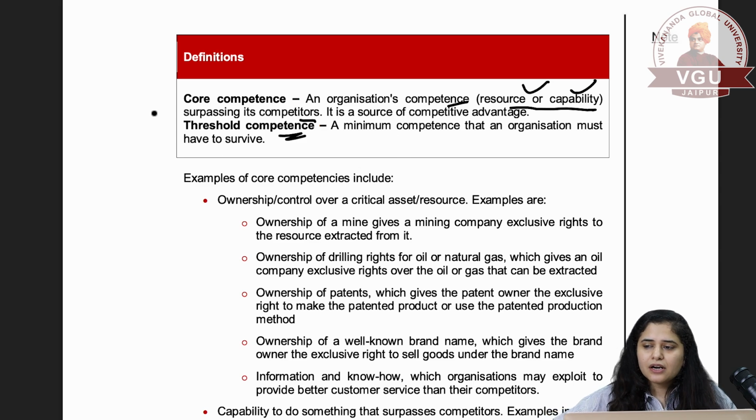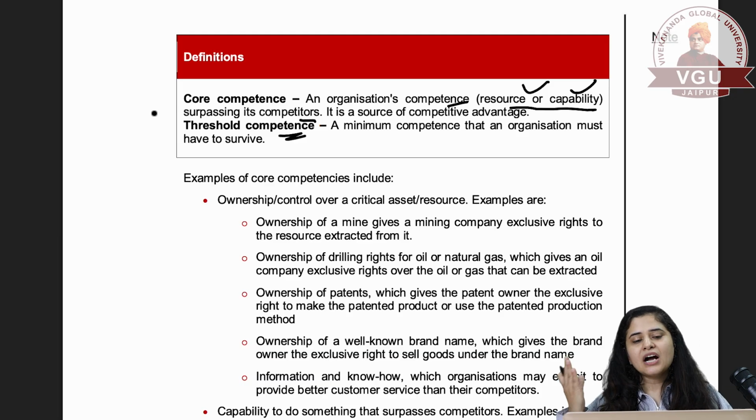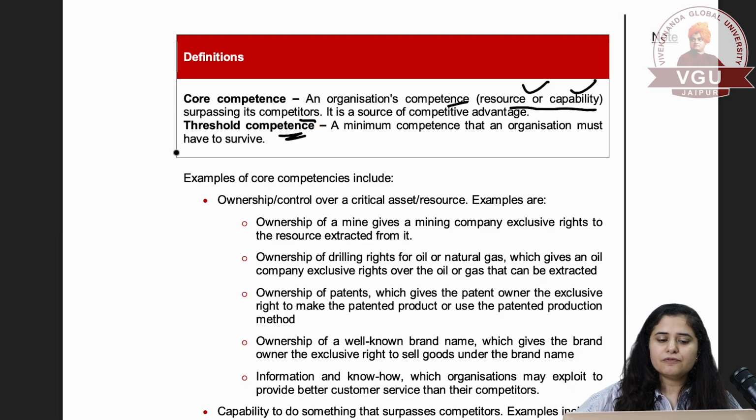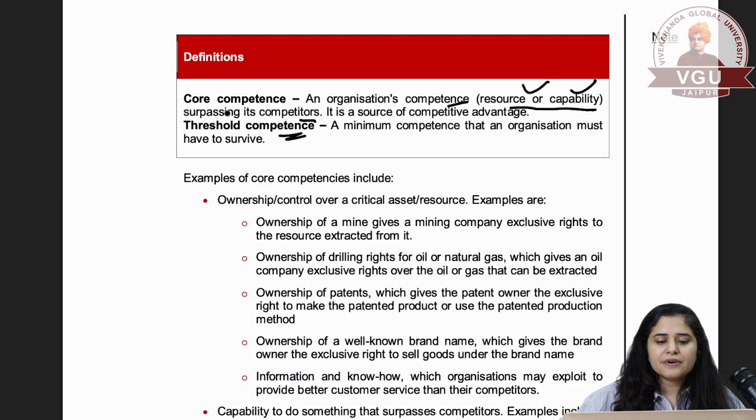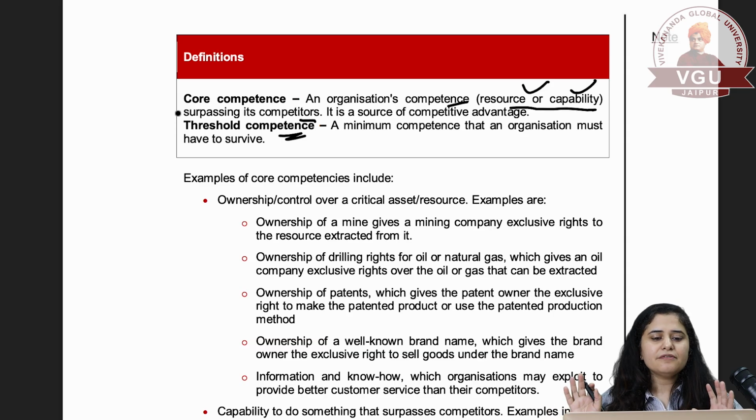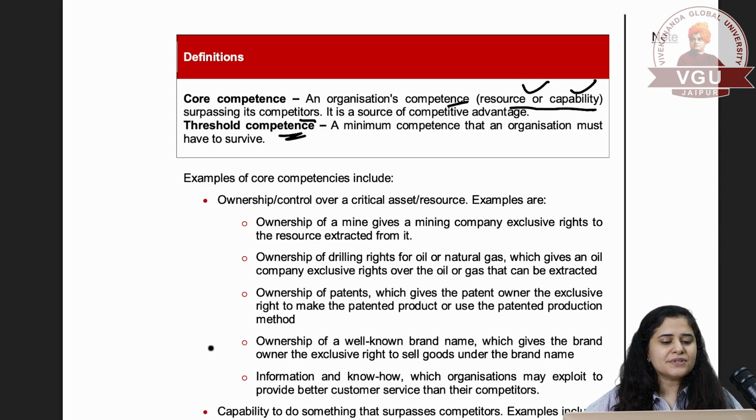We are almost similar to the other competitors in the industry, but we have a slight advantage compared to the others. So that is a threshold; we are at the verge of competence. With core competences, we are exceptionally good, and we have a competent image which surpasses our competitors.